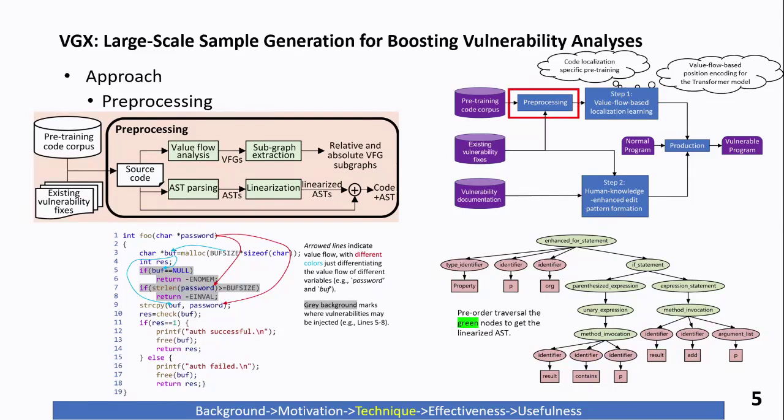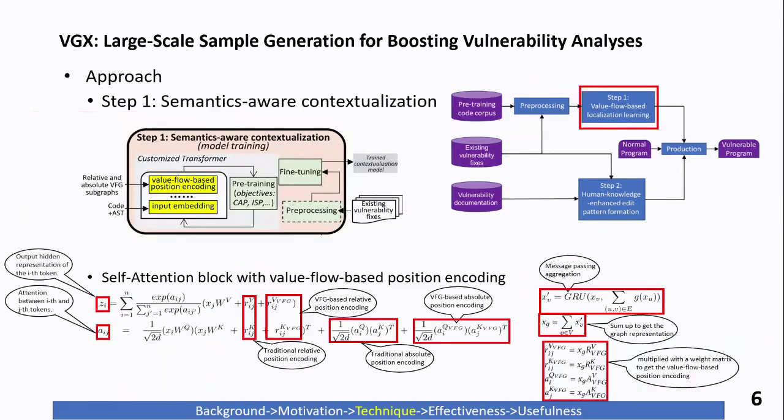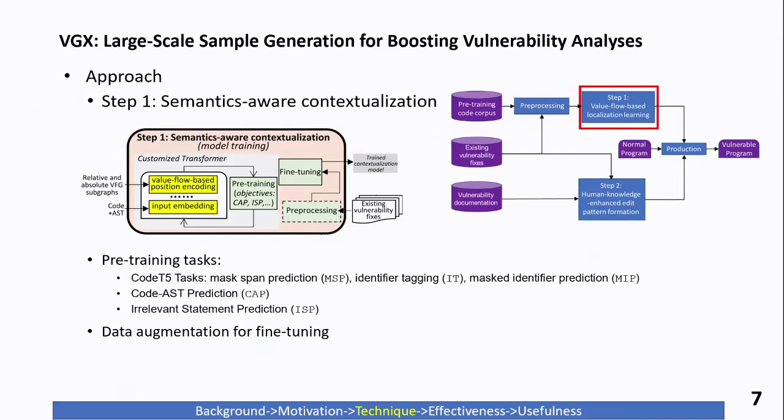I know this probably requires some deeper knowledge about transformer internal architecture, but basically we want to incorporate the positions. I don't want you to look at this equation. This is how we actually change the model's internal architecture to make it learn where to inject vulnerabilities.